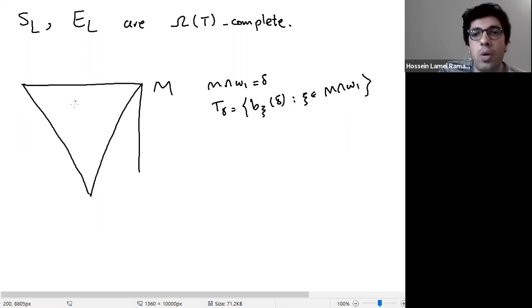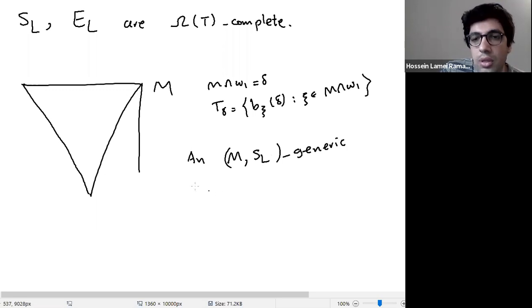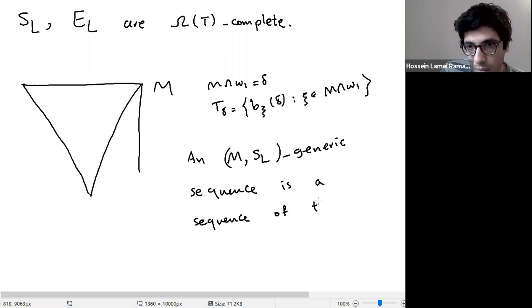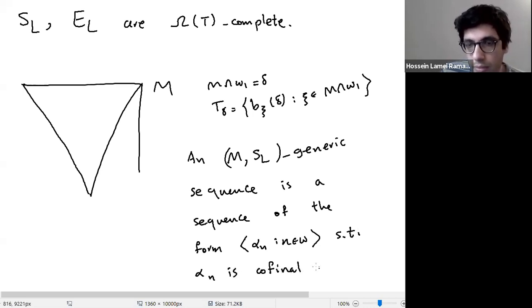Now an M-SL generic sequence is cofinal in delta, so we can find a lower bound for this sequence if and only if we can put delta on top of that.